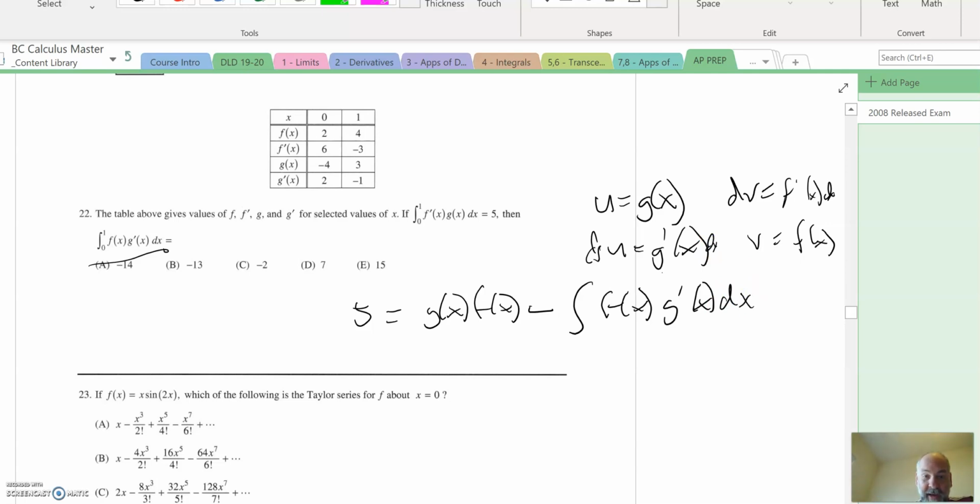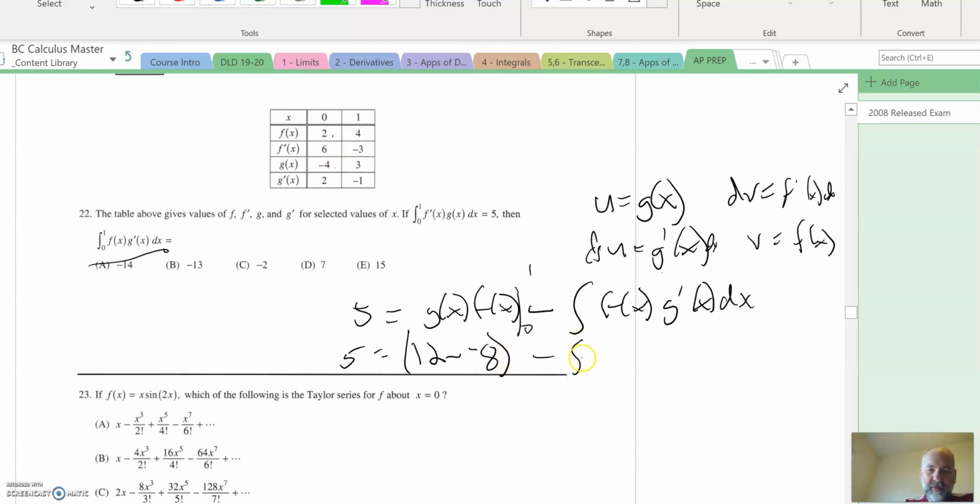Cool. Now we need to solve for this. So what's g of x, f of x? The key thing is I'm integrating it from 0 to 1, so I have to do these things from 0 to 1 also. That's one little catch on this that we only see on these weird problems. So g of x, f of x at 1 is 12 minus g of x, f of x at 0 is -8. So that's 20.